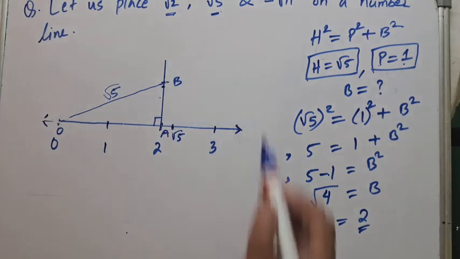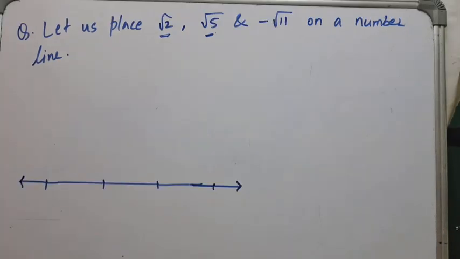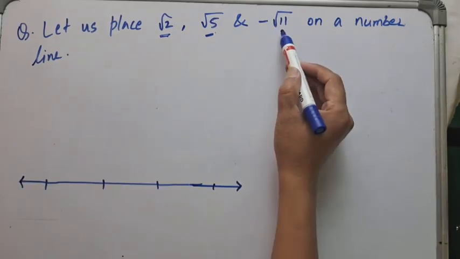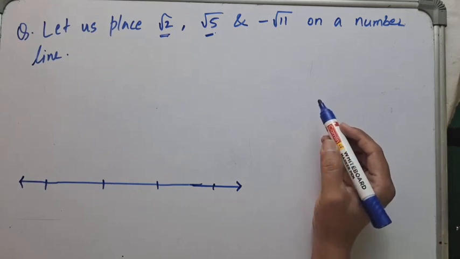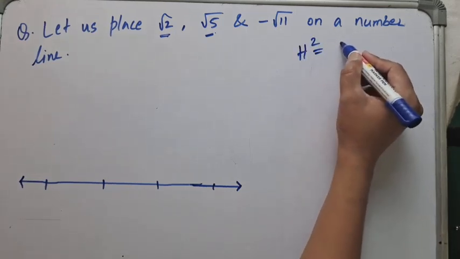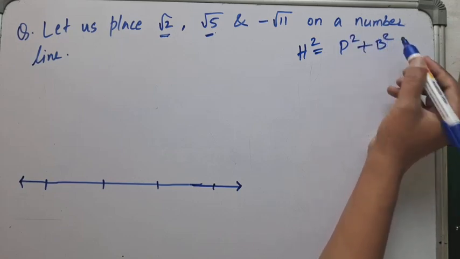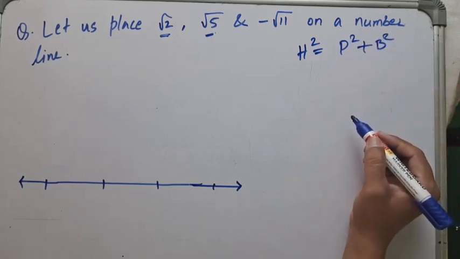Now let us place minus root 11 on this number line. We know Pythagoras theorem: h square equals p square plus b square. Hypotenuse square equals perpendicular square plus base square.